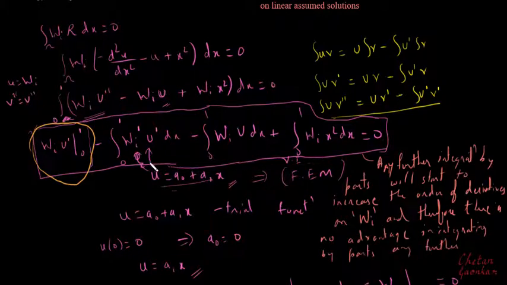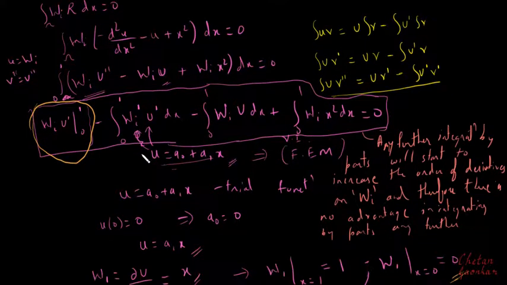So if we integrate this term by parts any further, we will increase the order of the weighting function, and that will not give us any advantage as such, and that is why there is no point in further integrating this term by parts.